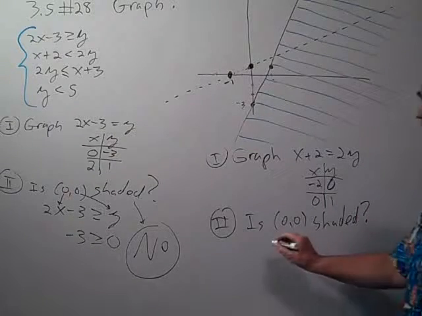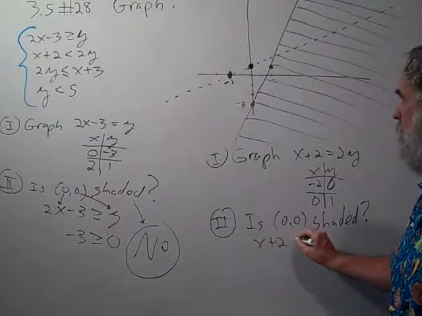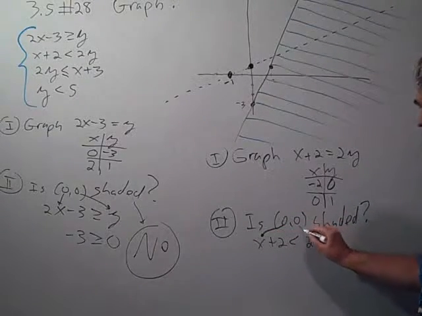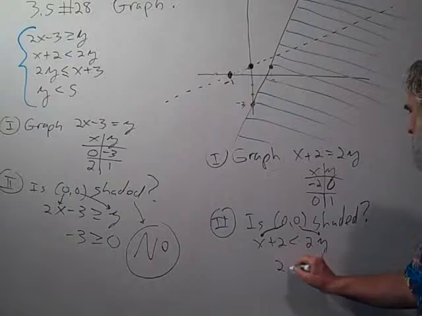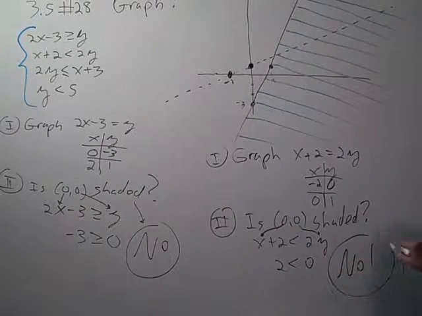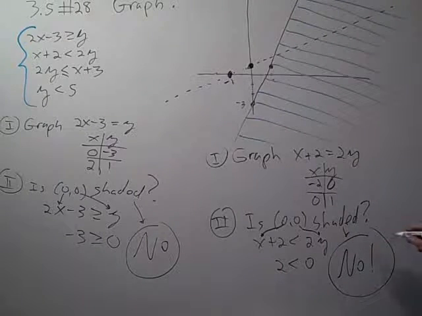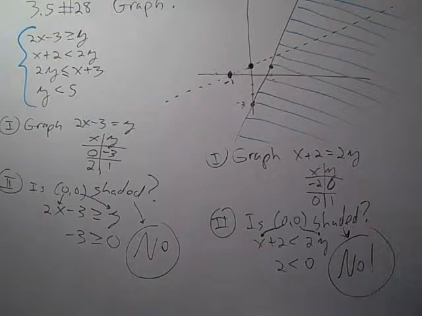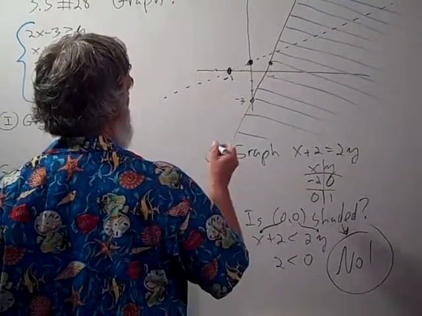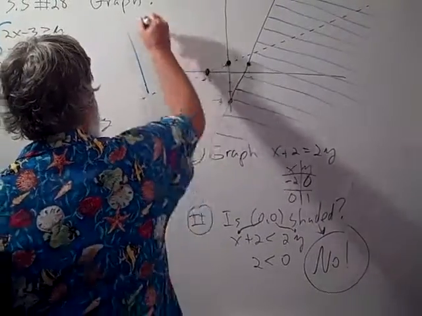By plugging into the original inequality, x plus 2 is less than 2y. When x is 0 and y is 0, this becomes 2 is less than 0, which is false. So the answer to our question is no. So the origin is not on the shaded side of that line, so it must be the top side of that line that's shaded. So everything up here is shaded for this one.